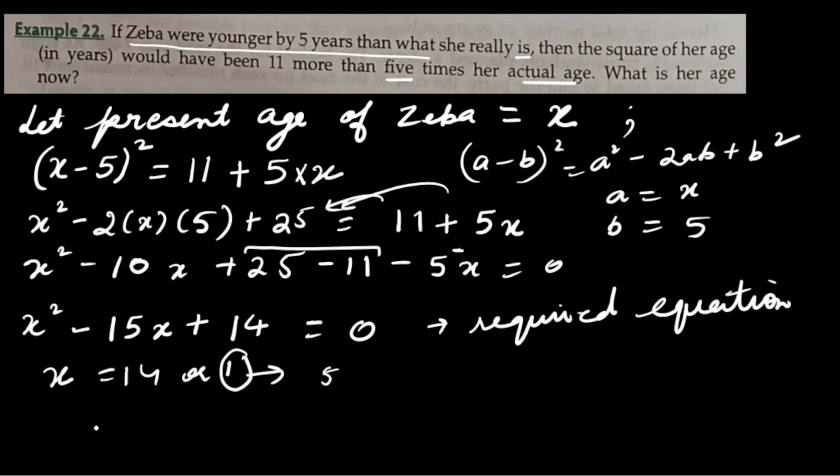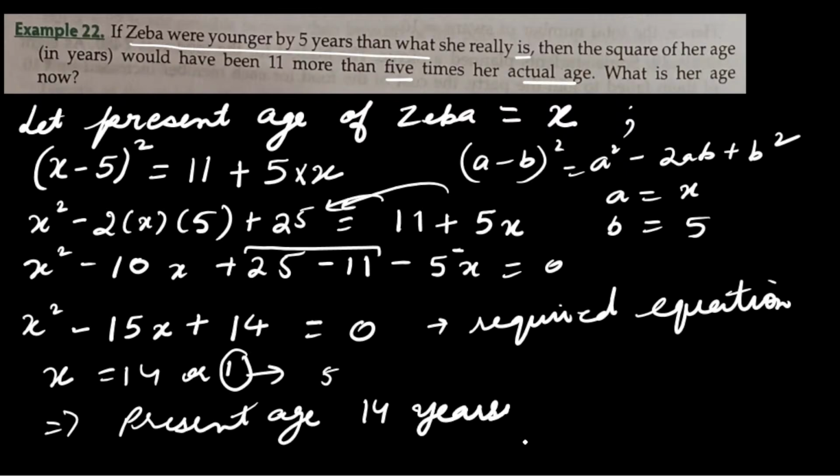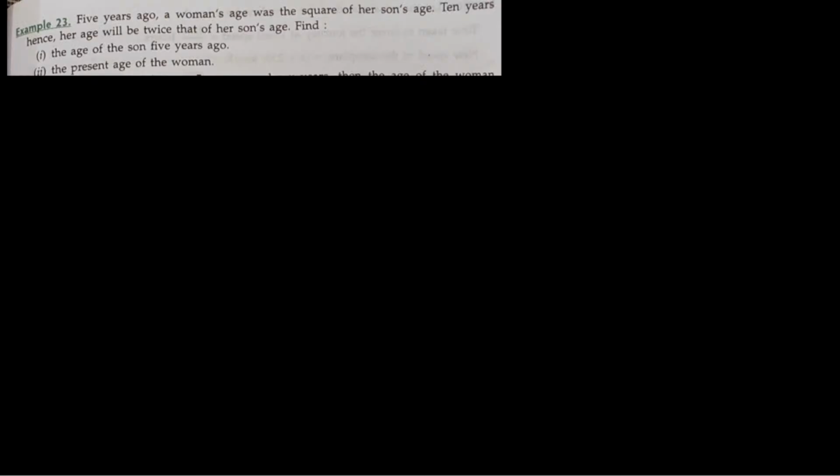It's not possible. So that means the actual age of Ziba is 14 years. So 1 cannot be considered. The present age of the person is 14 years.